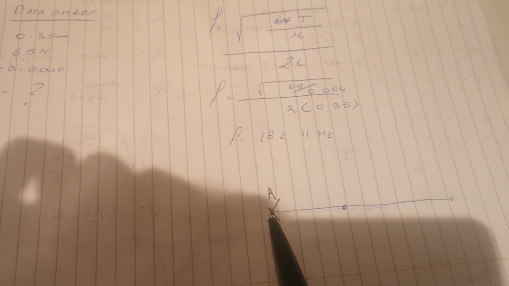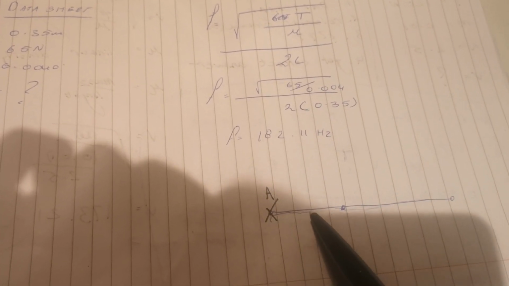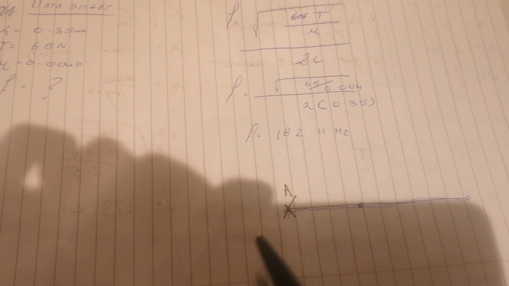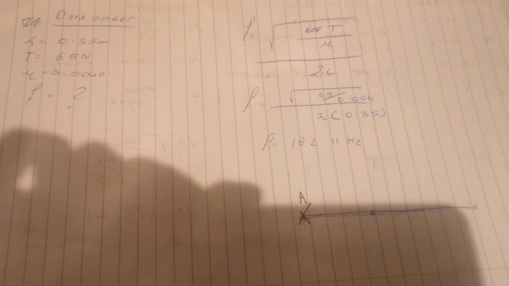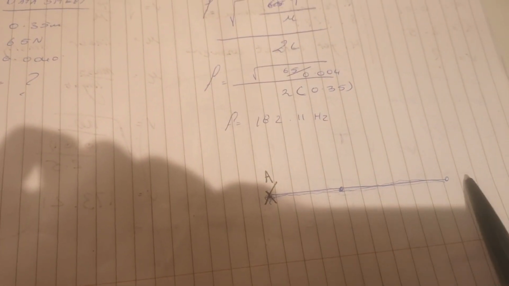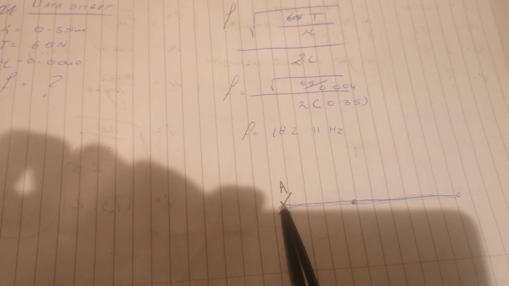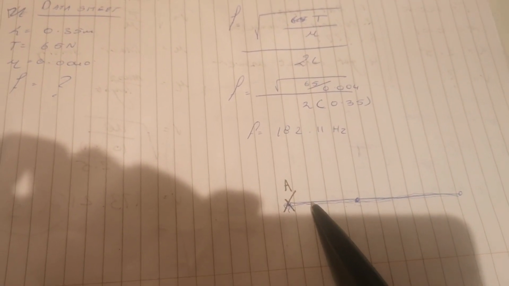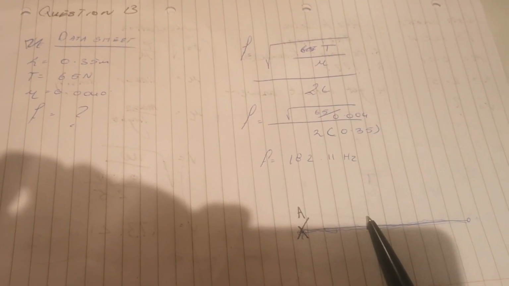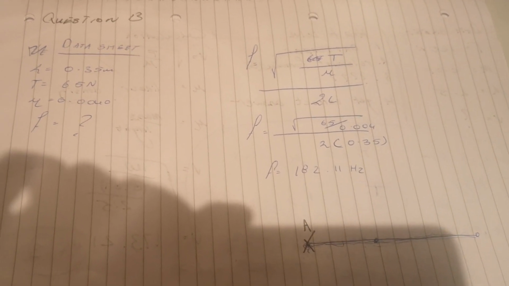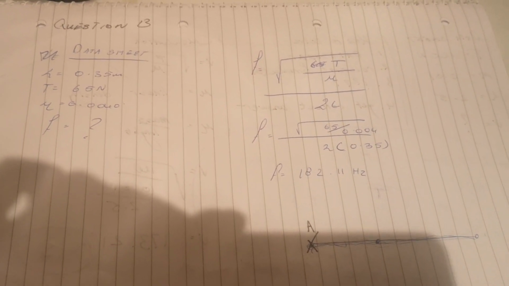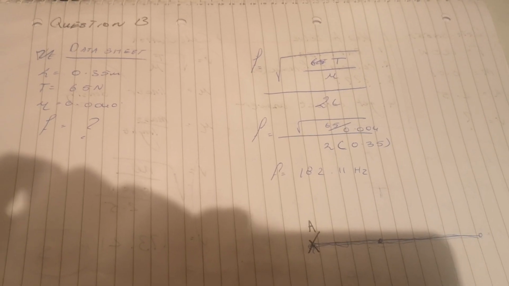Since if you have a point A on the string, and the wave is traveling down the string and then hits back, and then it reaches point A, if you remember, hertz is the amount of times a wave passes a particular stationary point on a string, you can find that the wave has to travel down the string twice before it reaches point A. And I think this is true for any point on the line, and that's why you can take the formula for velocity of a wave on a string and change it to a formula for the frequency of a wave on a string, I think.